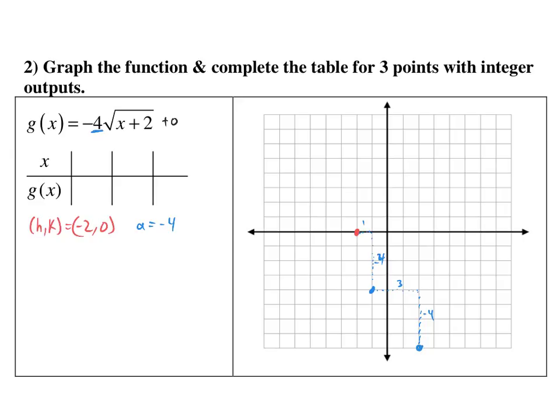That right there is a sketch of your square root graph. Again, you start at HK, let's label that: negative 2, 0, which is HK. From HK, you go over 1, down A, and you go over 3, down A.